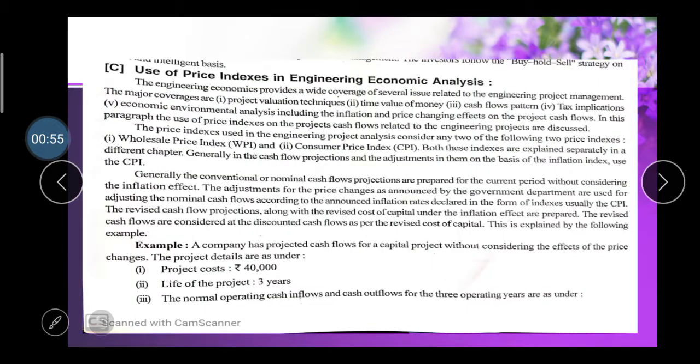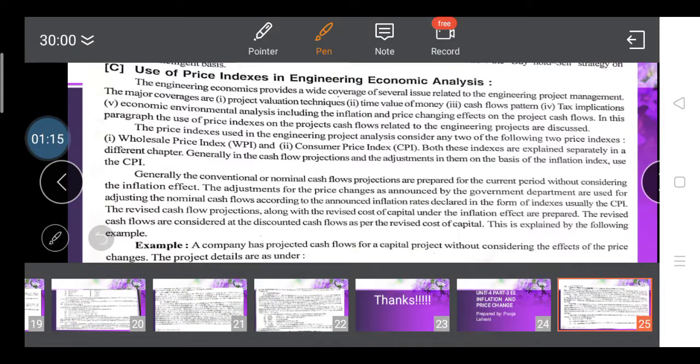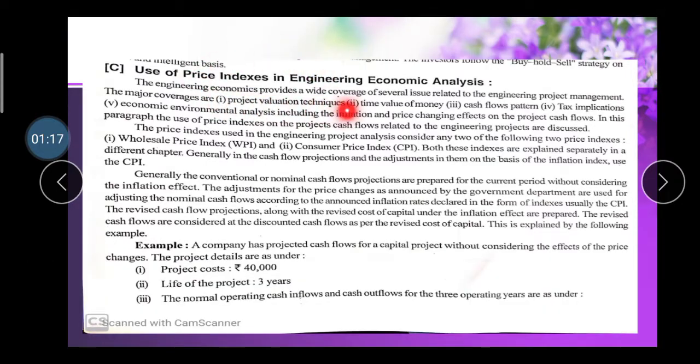Uses of price index in economical and engineering economical analysis. Engineering economical analysis provides wide coverage of several issues related to engineering projects and management. The major coverage: first, the project valuation technique.